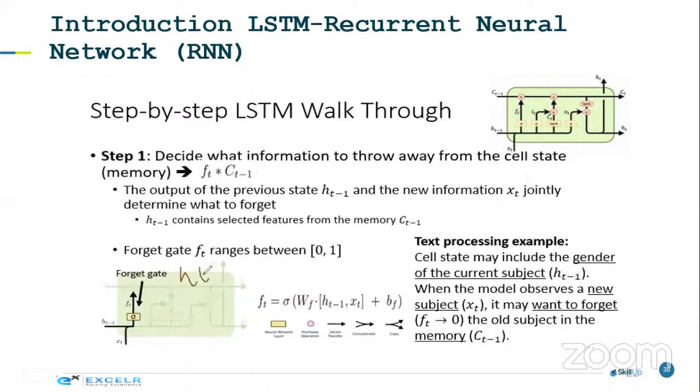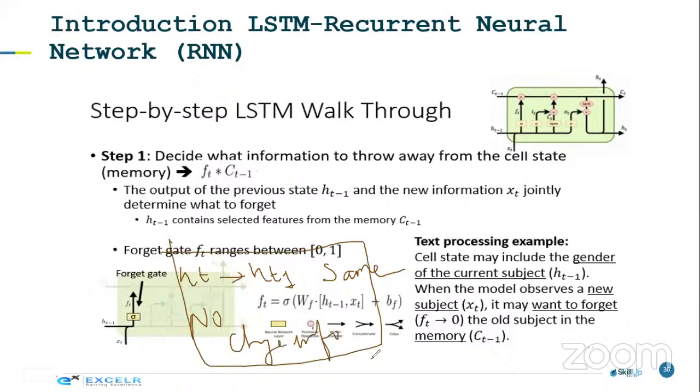Whatever output h t and input I pass, on the basis of that I get a new output, h t plus 1. This h t and the new output will be the same if there is no change in information. If there is a change in the information, that means there is a change in the context, then h t and h t minus 1 will be different.